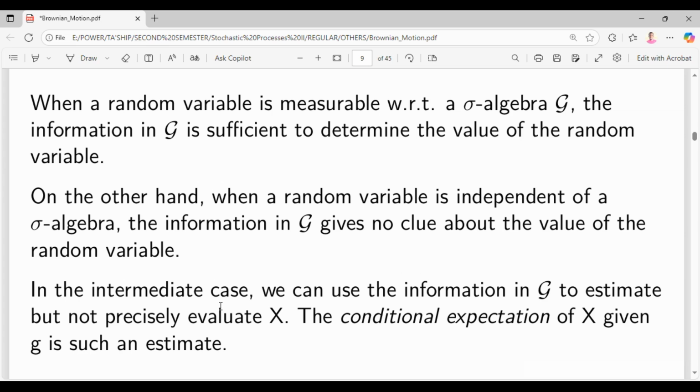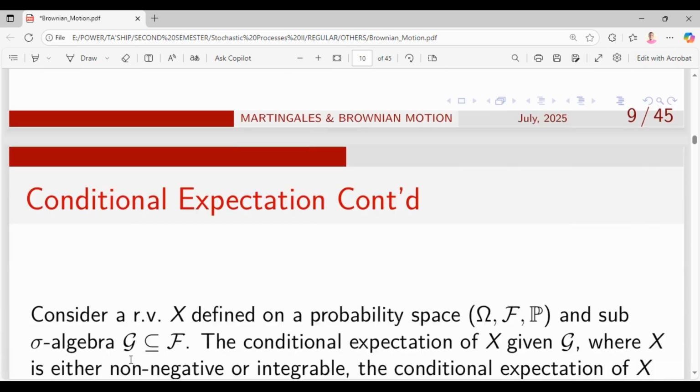So that's independent. In the intermediate case, we can use the information in G to estimate but not precisely evaluate X. The conditional expectation of X given G is such an estimate, right?